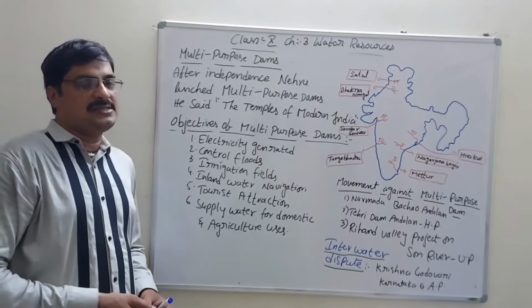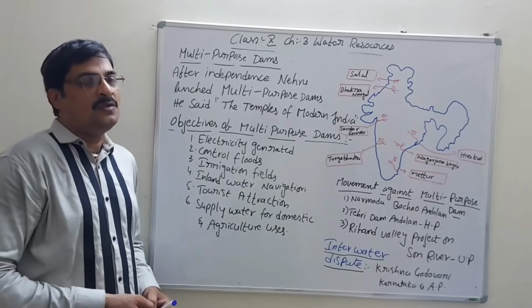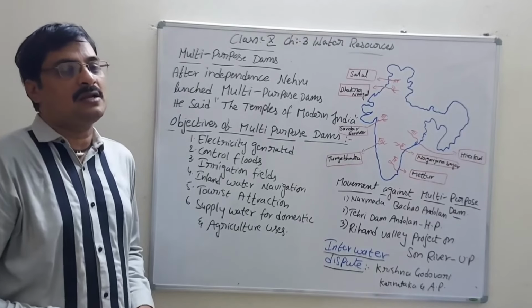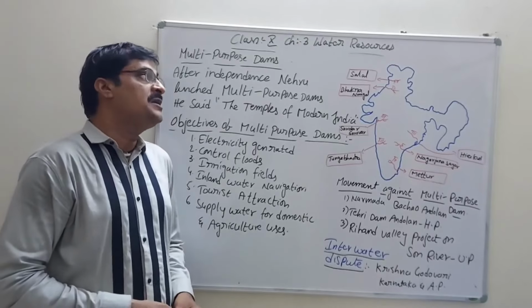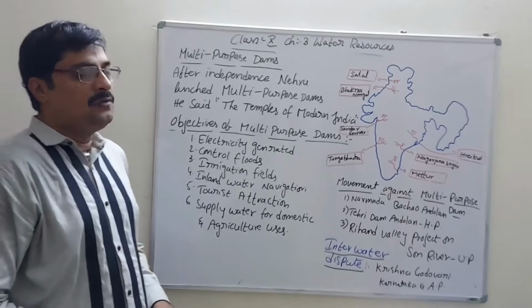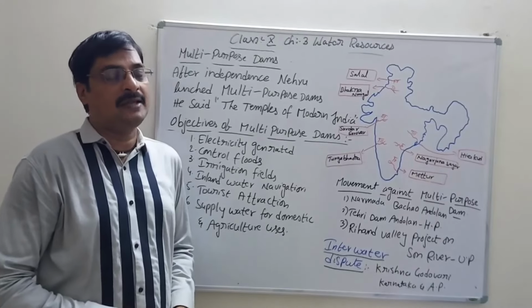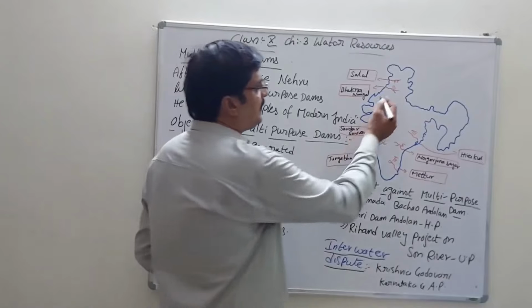So according to this, the map is very important for the board exam. Five marks are allotted for map pointing in the board exam. In that map pointing, according to this lesson, we have multi-purpose dams. This is the symbol of multi-purpose dams.